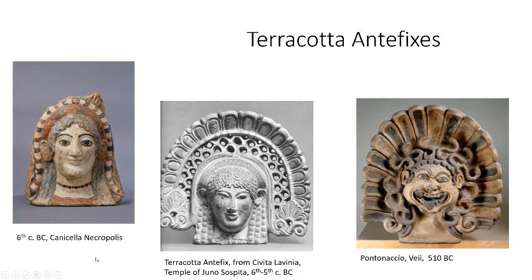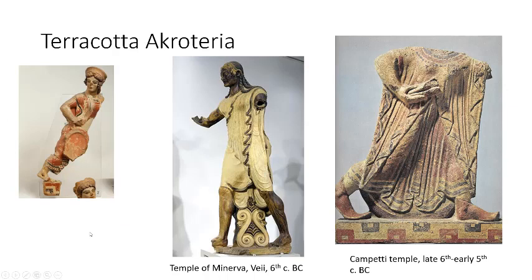Again, they would have gone in the same sort of place, and here's the great variety of some of those images. And here are a few examples of acroteria. These would have often been found on big statues on top of rooftops, especially along the apex of those roofs. So here are a few examples of those statues.